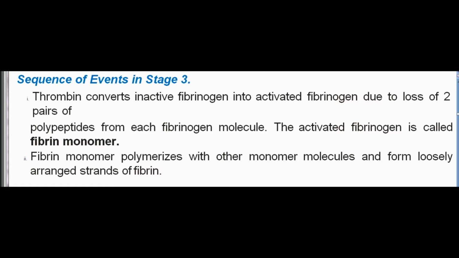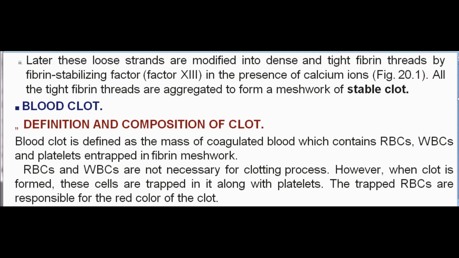Fibrin monomer polymerizes with other monomer molecules and forms loosely arranged strands of fibrin. Later these loose strands are modified into dense and tight fibrin threads by fibrin stabilizing factor, Factor XIII, in the presence of calcium ions, Fig 20.1. All the tight fibrin threads are aggregated to form a meshwork of stable clot.